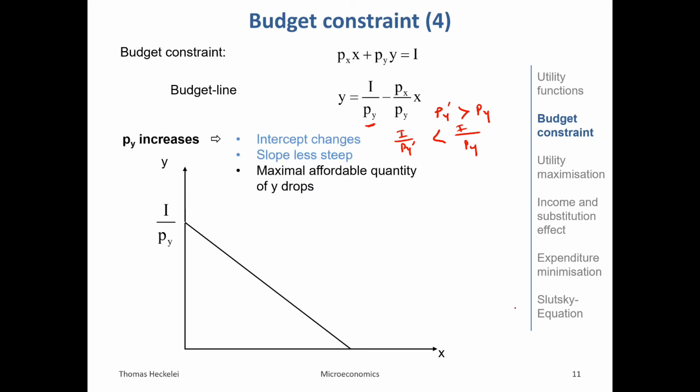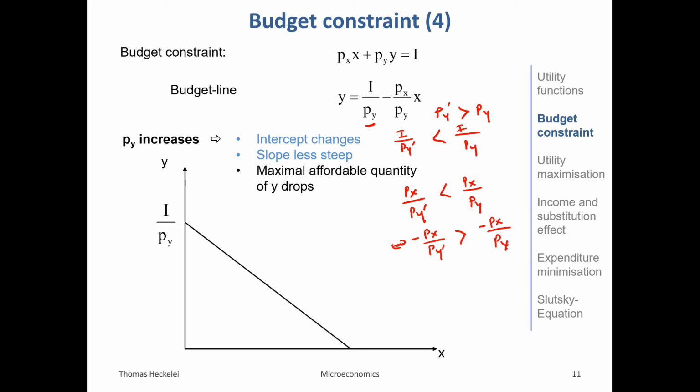All right. And the second thing, the slope. Step by step, px over py prime will be smaller than px over py because py prime is larger than py. So one step further, that means minus px over py prime will be larger, or less negative, than minus px over py.